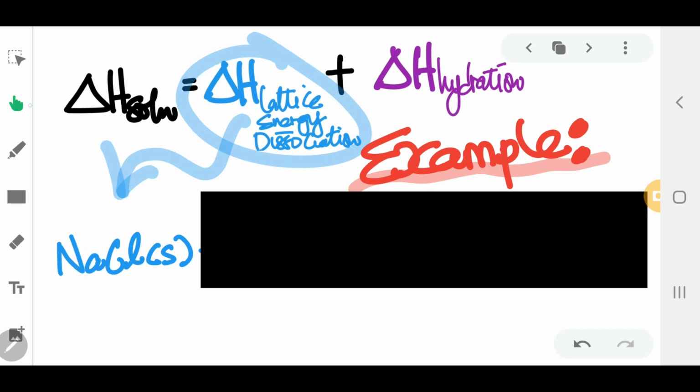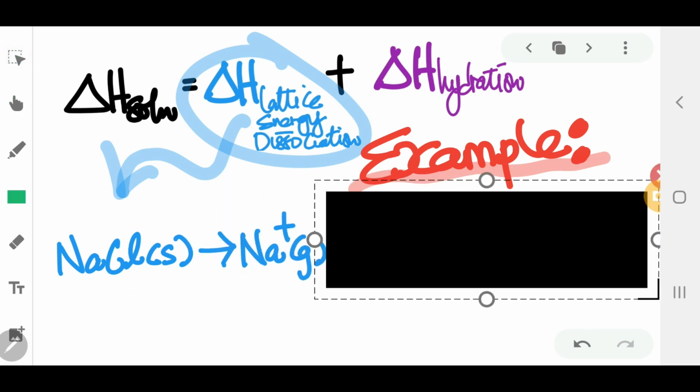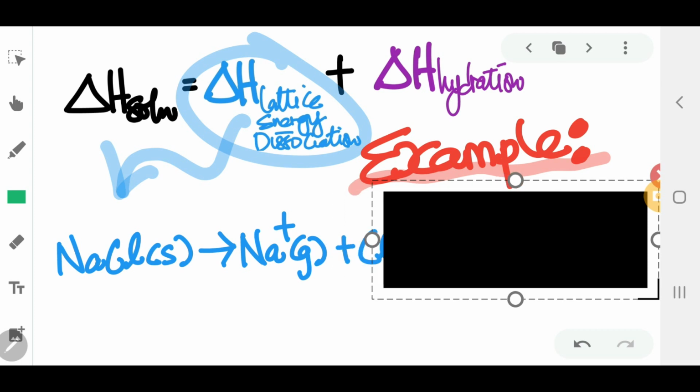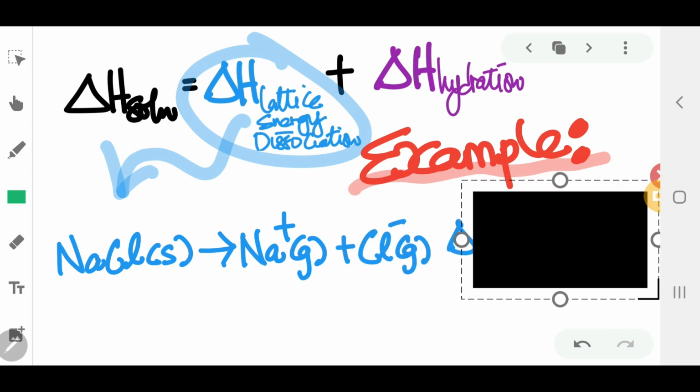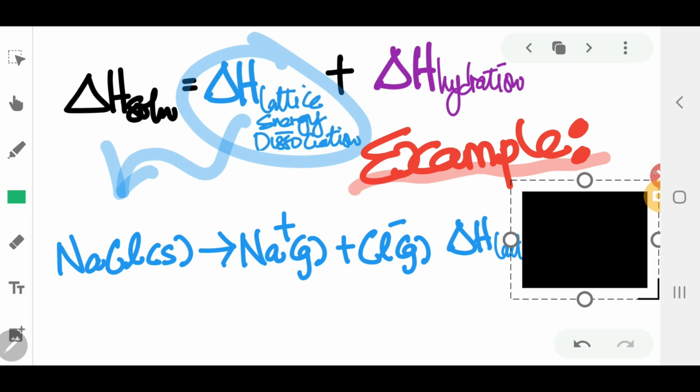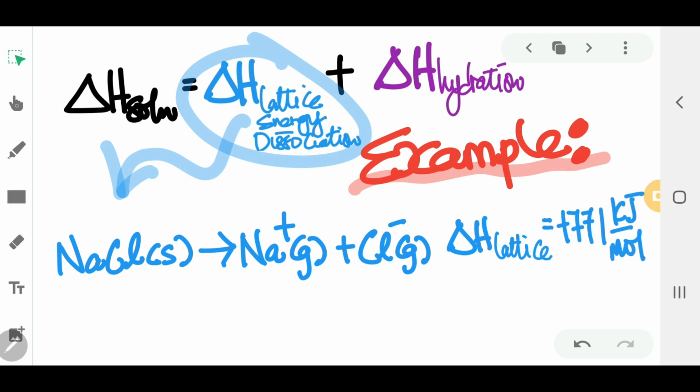And when you give enough energy, what happens? They will start to dissociate into Na plus gas and Cl minus gas. And how much energy do you need to do that? You need about positive 771 kilojoules per mole to break the ionic bond in NaCl solid to make the gaseous ions.